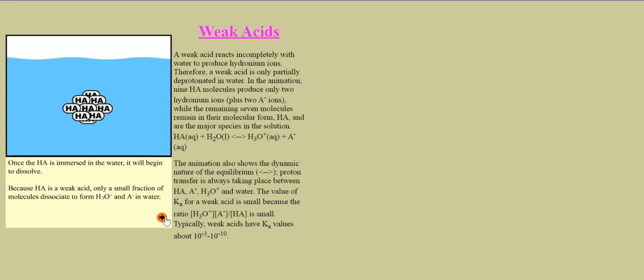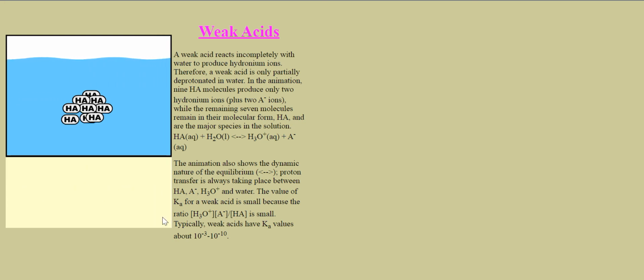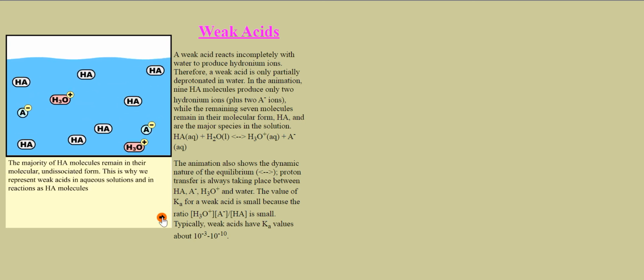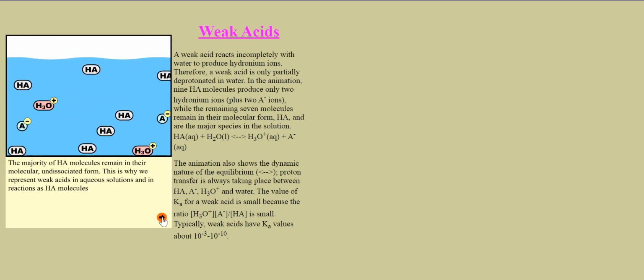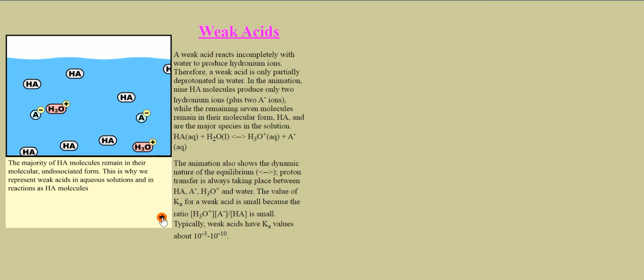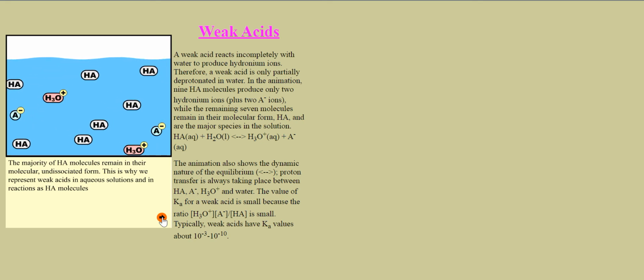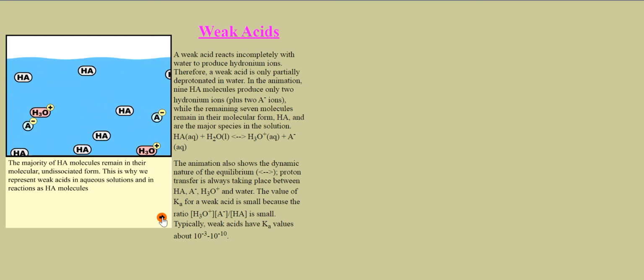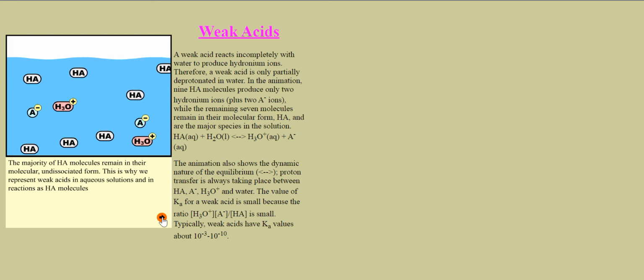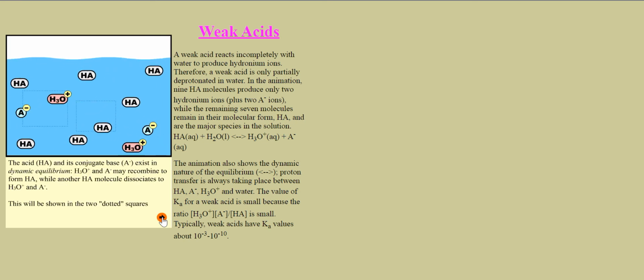Because it is a weak acid, only a small fraction of it will dissolve or dissociate into the water. So the majority of the weak acid molecules remain in their molecular undissociated or undissolved form. This is why we represent weak acids in an aqueous solution and the reactions as HA molecules.